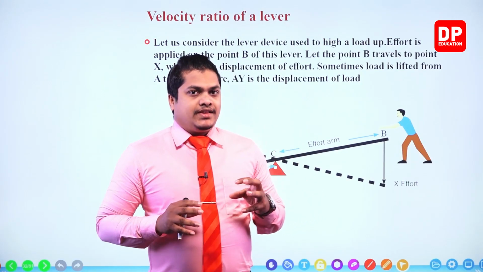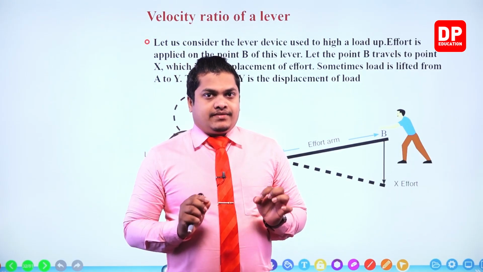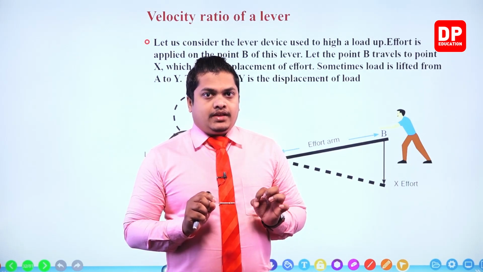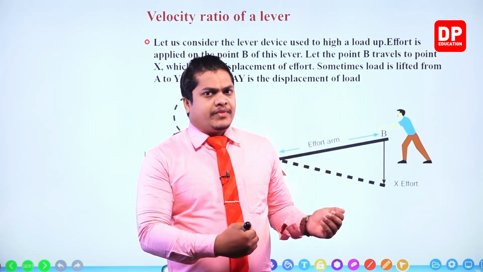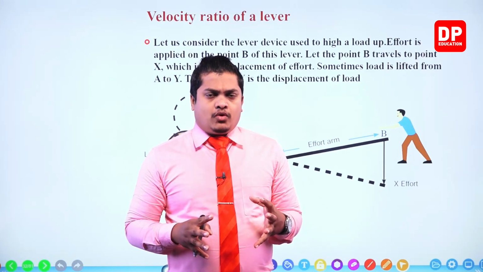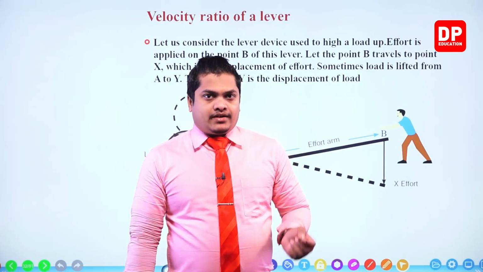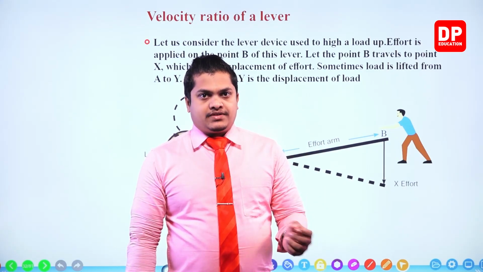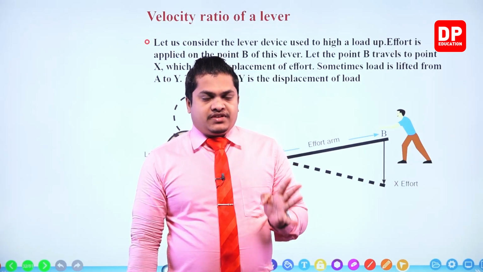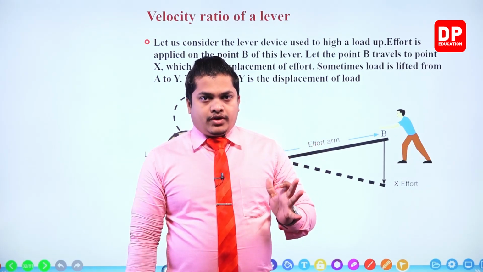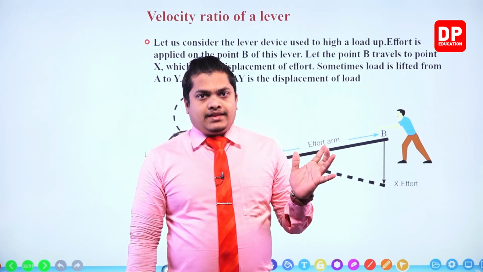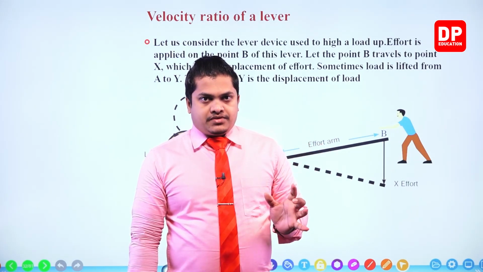So, my dear children, in the earlier chapters, we discussed several things regarding the levers. In the previous chapter, we focused mainly on the categories or the orders of levers. There, we discussed the first order levers, second order or the second class of levers, and the third order or the third class of levers.